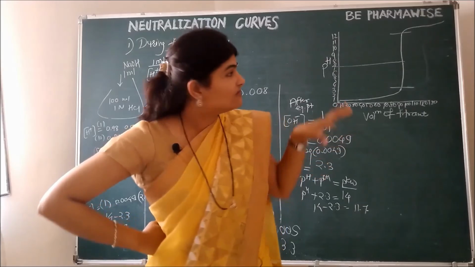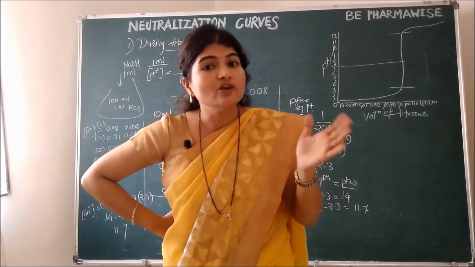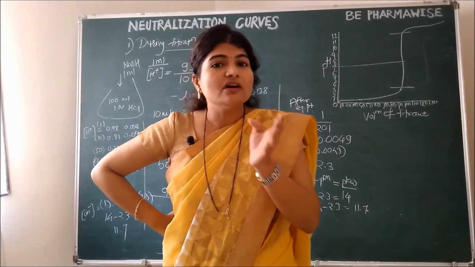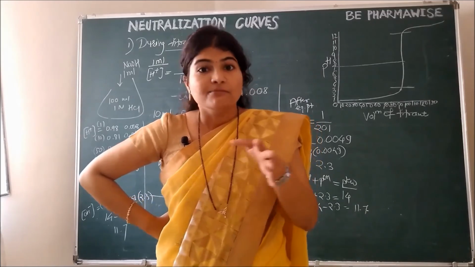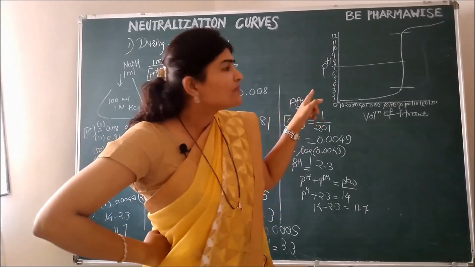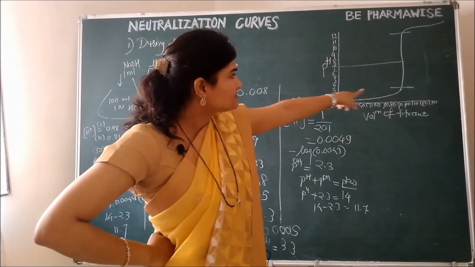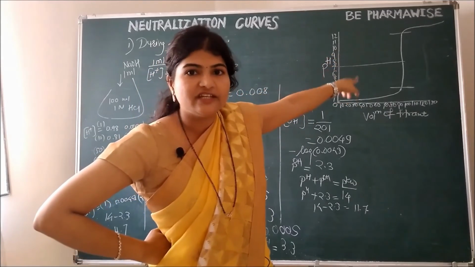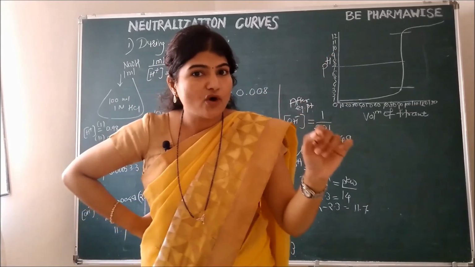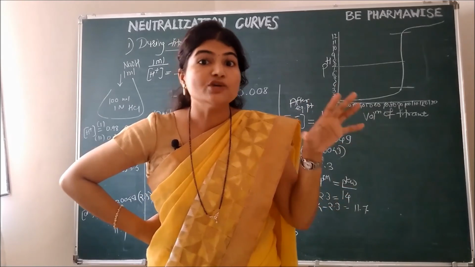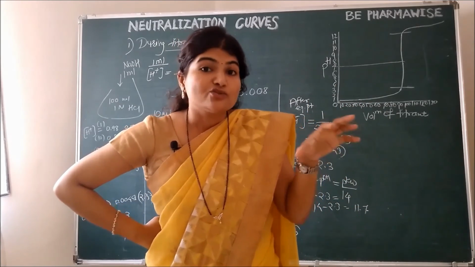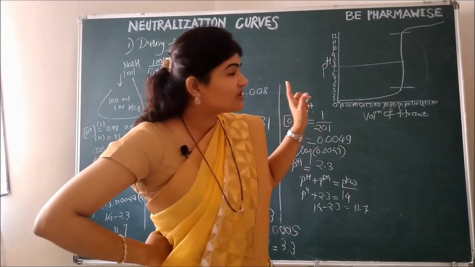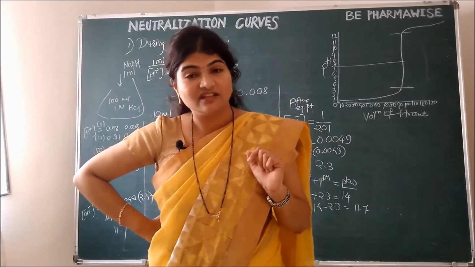From this you can select a very good indicator which will give you the smallest titration error. For this kind of titration, if the range is between 3 to 10 or 3 to 11, this falls very well within the range of phenolphthalein, right? So you can use phenolphthalein for a strong acid, strong base titration.